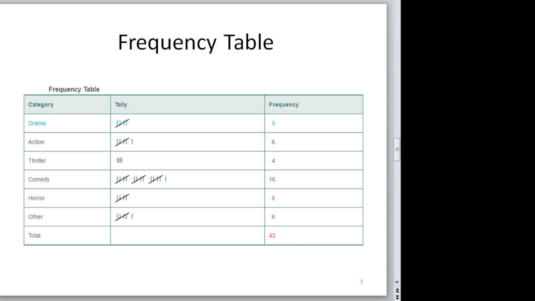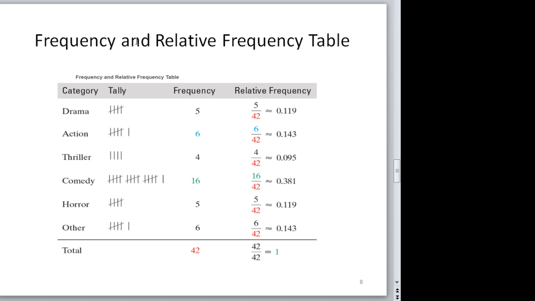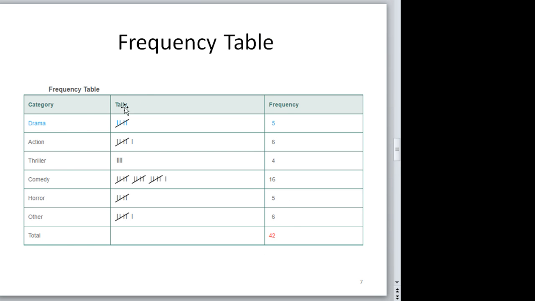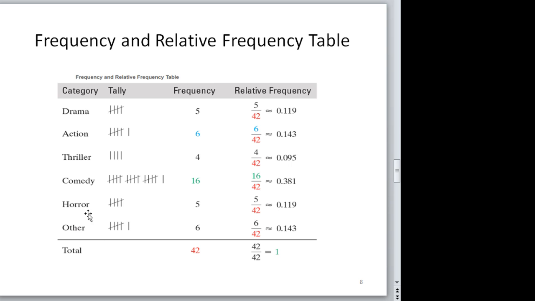Now, we also have what's called the relative frequency table. This is the frequency table and this is the relative frequency table because we have the relative frequency column. This part is exactly the same as the previous table.